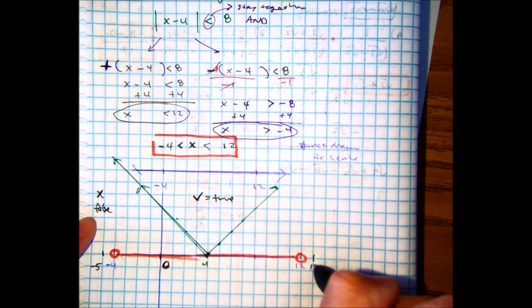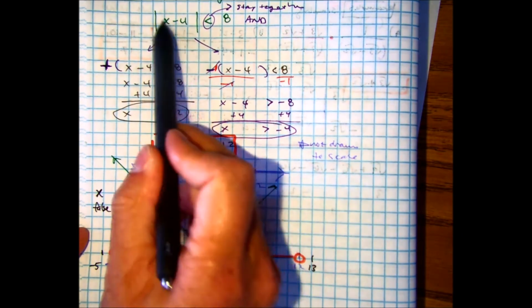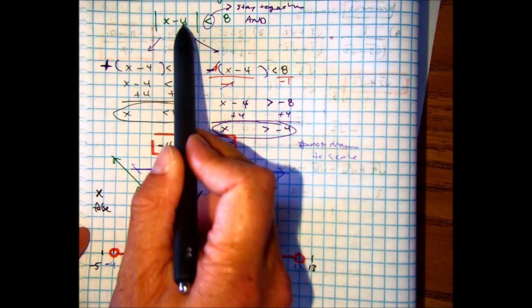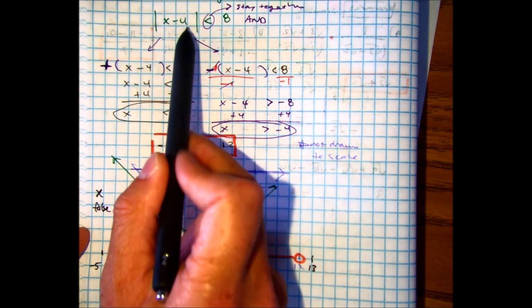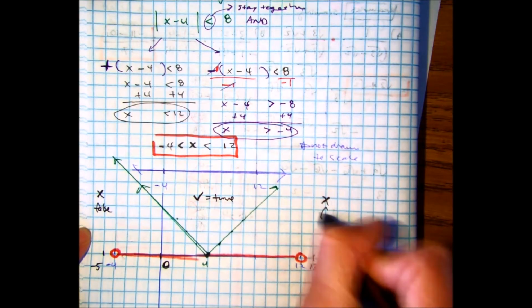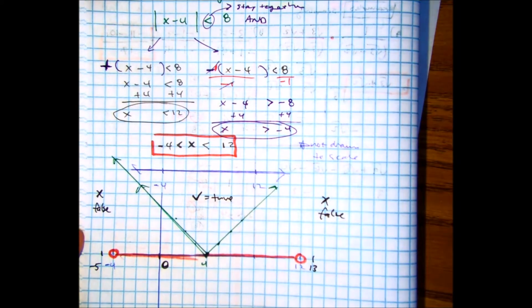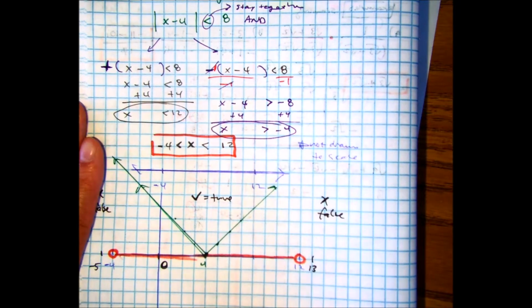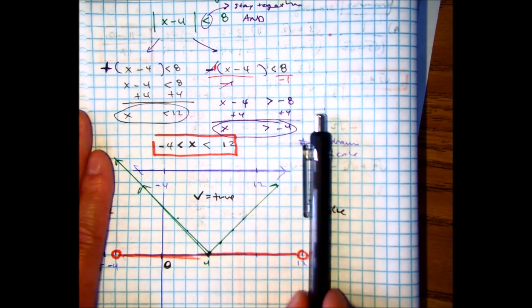Let's choose 13. 13 minus 4 is 9. Absolute value of 9 is 9. Is 9 smaller than 8? False. Okay, so that I know that my solutions are between -4 and 12.